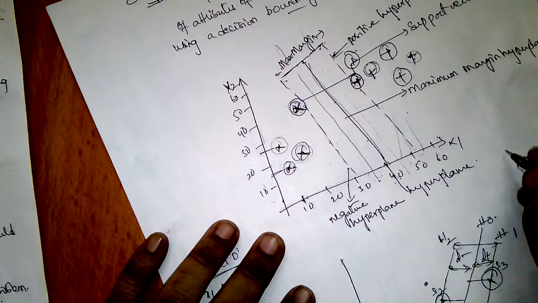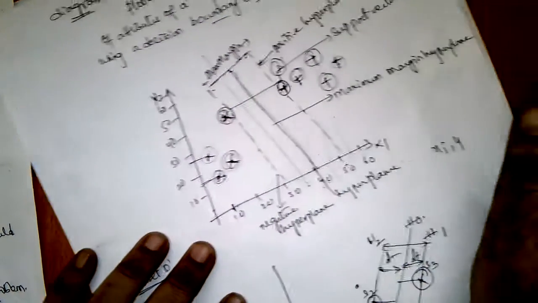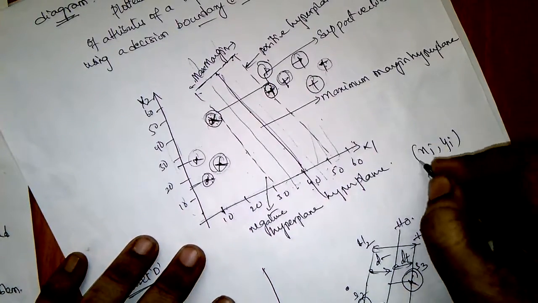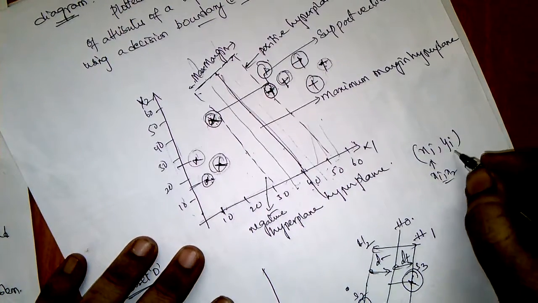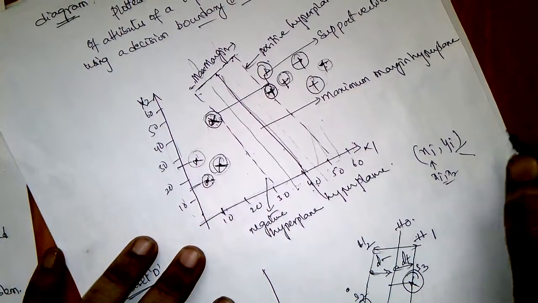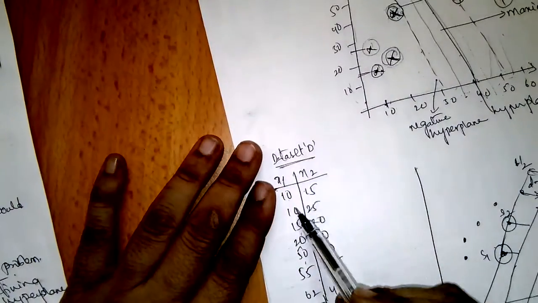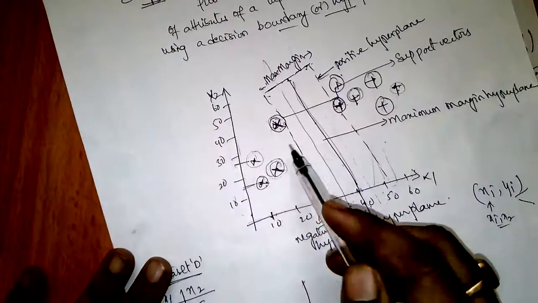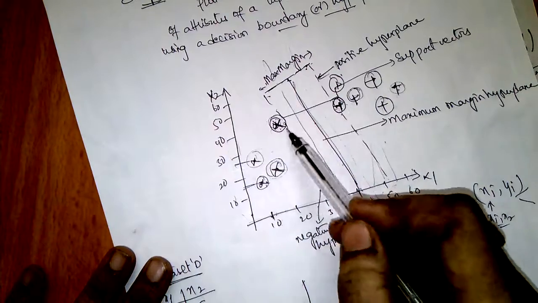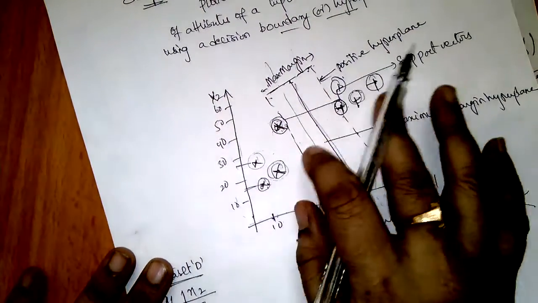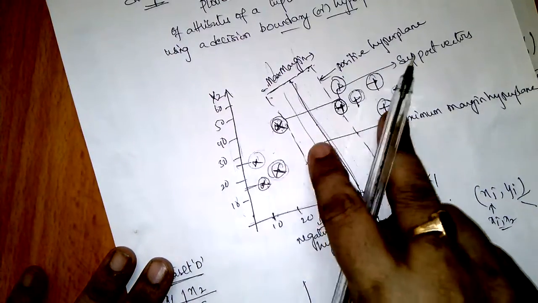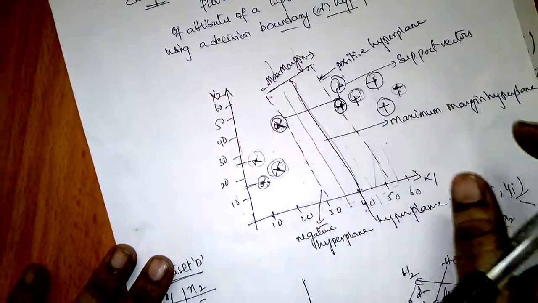The input is xi comma yi, where xi is the input features like x1 and x2, and y is the class. So for the input features x1 and x2 we get a class yi, and we predict the two classes y1 and y2.